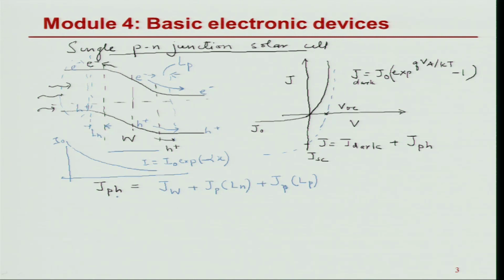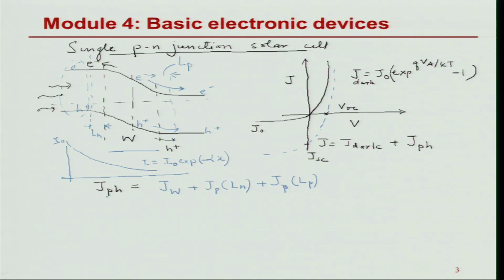So the total J photon is going to be due to this, which means anything that is being generated in this part is probably getting lost due to other processes, and I am getting only photocurrent from this area, and so I can calculate that in some cases and generate theoretically what is this procedure.